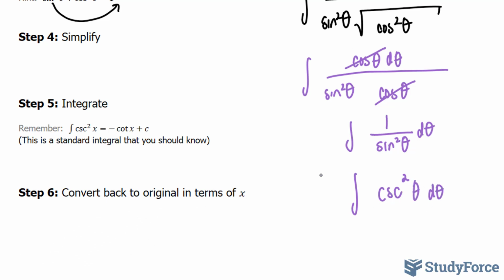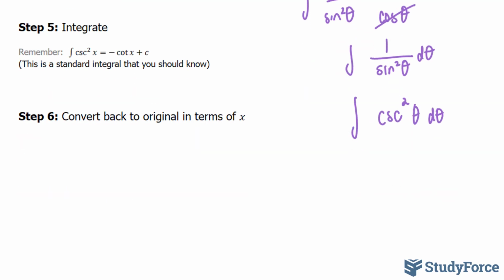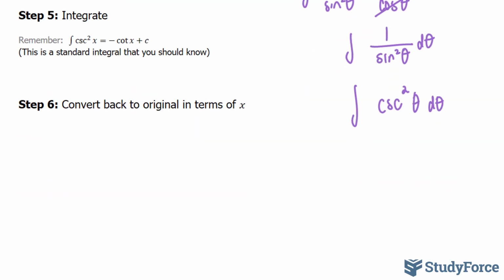Now we have to integrate this, and we know the integral. This is a standard integral that you should know, and most teachers will provide that, so don't be alarmed. The integral of this becomes negative cotangent theta plus c.